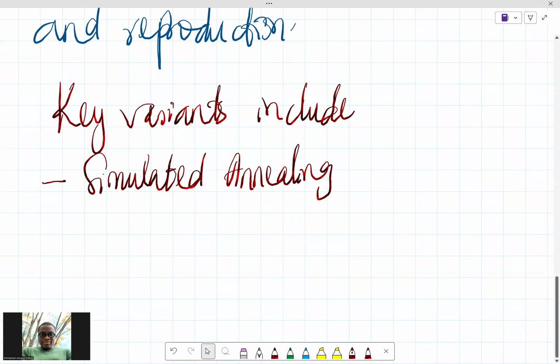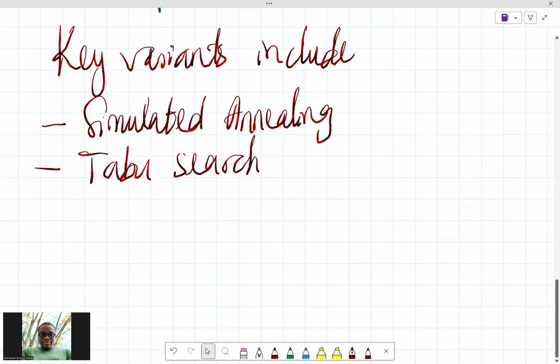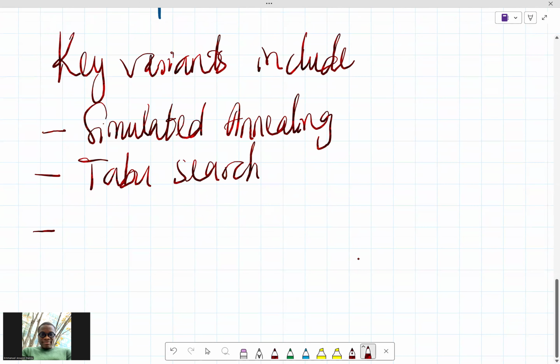There's also one called evolutionary strategies, which I'm not going to be talking about here. After simulated annealing, we're going for tabu search. Then after tabu search, we'll be going for genetic algorithm.